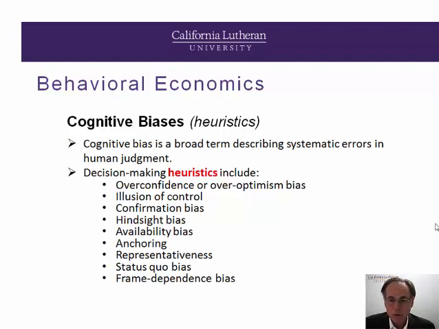Common heuristics include overconfidence bias, overoptimism bias, illusion of control, confirmation bias, hindsight bias, data availability bias, anchoring, representativeness, status quo bias, and frame dependence bias. You'll learn about these issues in your behavioral finance course, and this knowledge will help you educate and communicate with your clients.